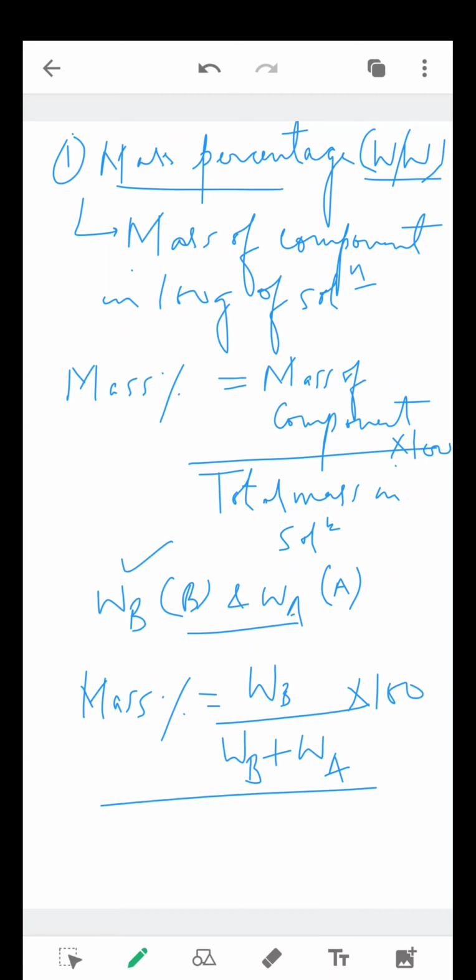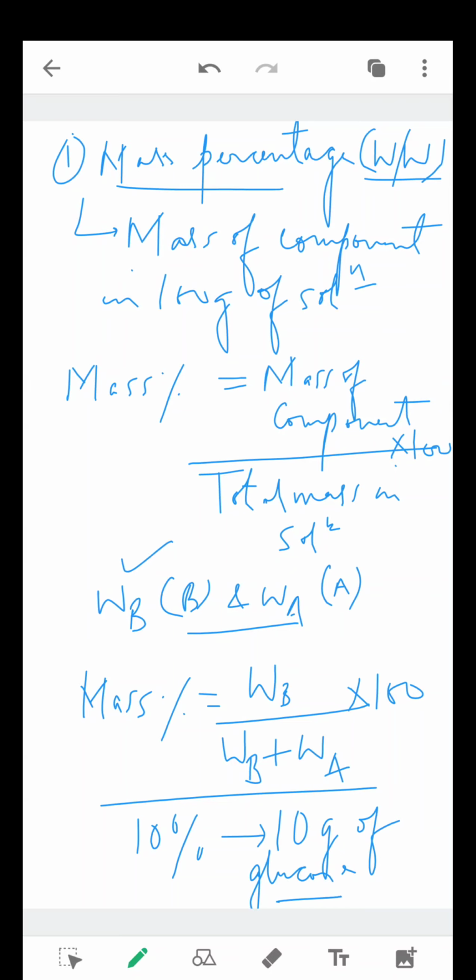For example, if you have a 10% glucose solution in water, it means that 10 gram of glucose is dissolved in 90 gram of water, which results in 100 gram of solution. This is how you calculate the mass percentage.